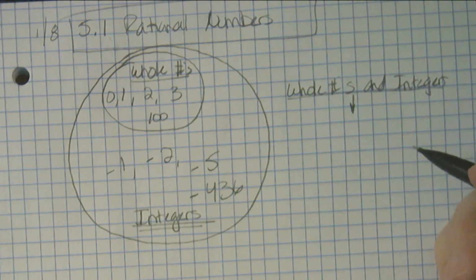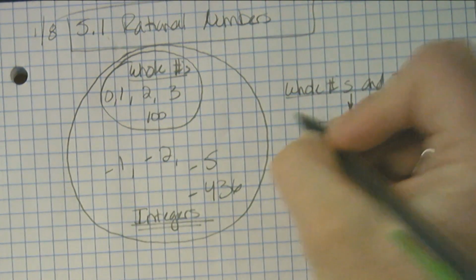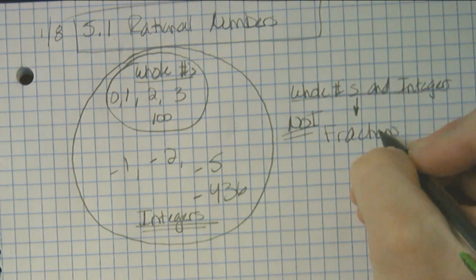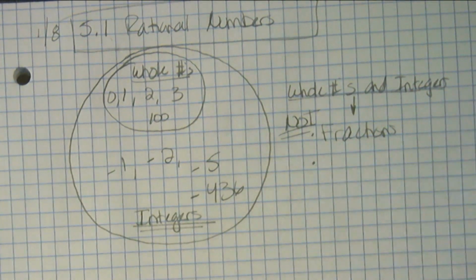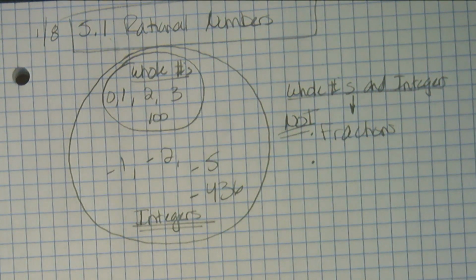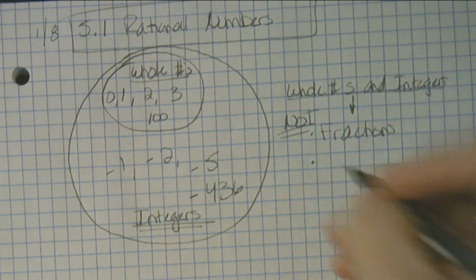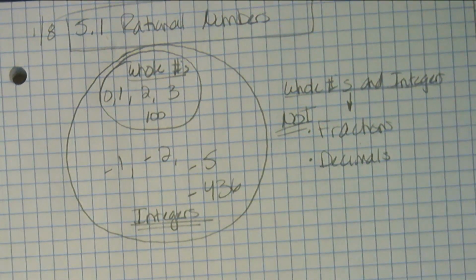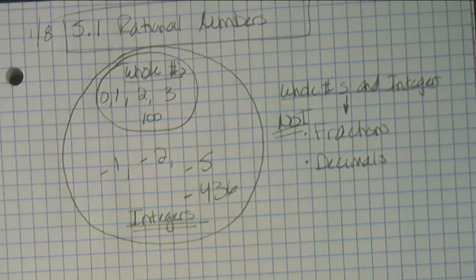Molly? Fractions. So they are not fractions. What are they also not? Brendan? Decimals. They are not fractions. They are not decimals.